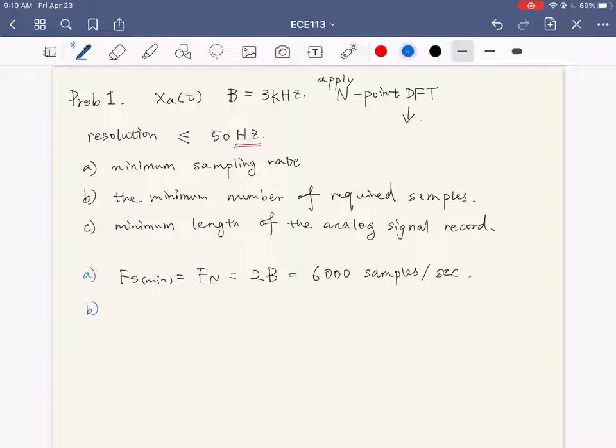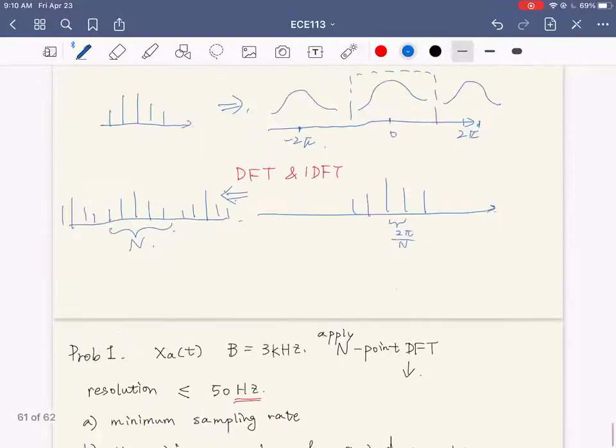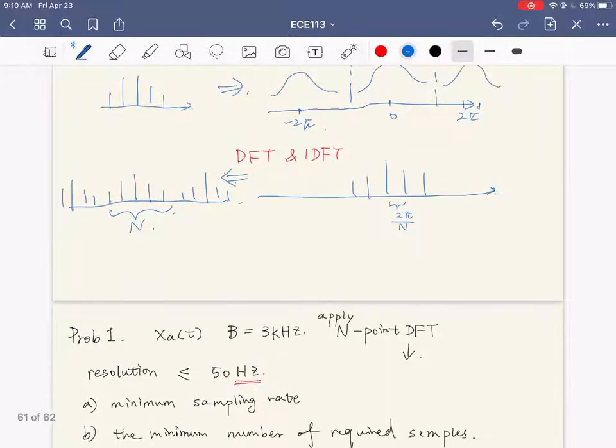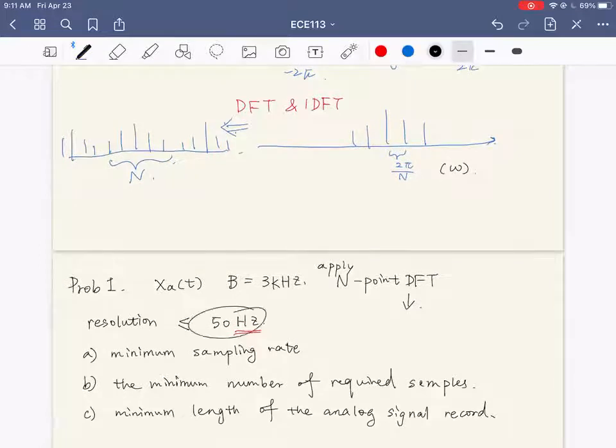So start from the frequency first, the sampling frequency first. All right, so we know that if we take an N-point DFT, we'll have an interval of 2 pi over N, right? But it is in the unit of omega, and now our resolution is in Hertz, right?